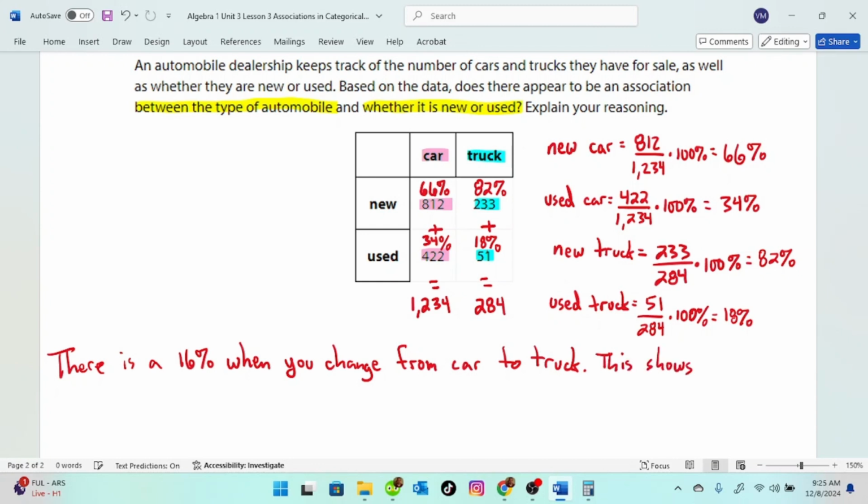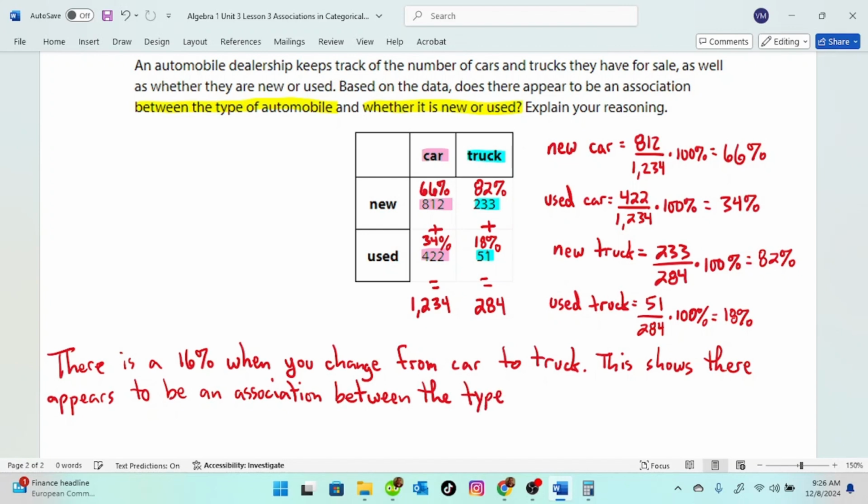This shows there appears to be an association between the type of automobile and whether it's new or used.